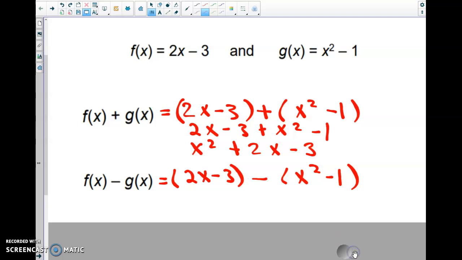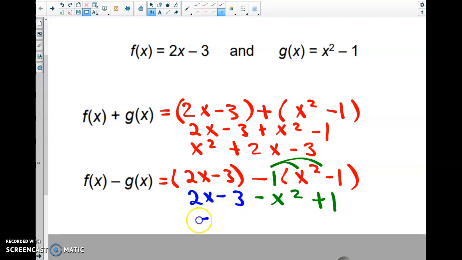All right, so distributing -1 for each of these, we get negative x squared plus 1, and that 2x minus 3 stays the same. So negative x squared plus 2x minus 2 would be what f of x minus g of x is.